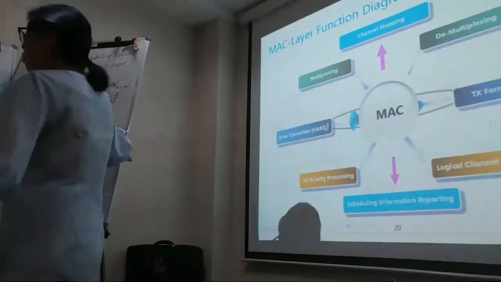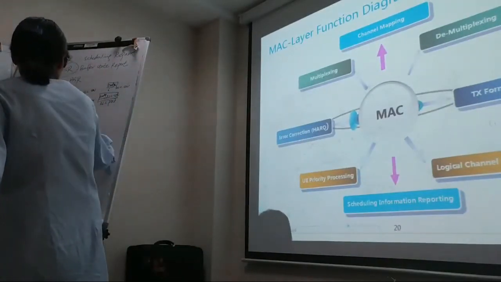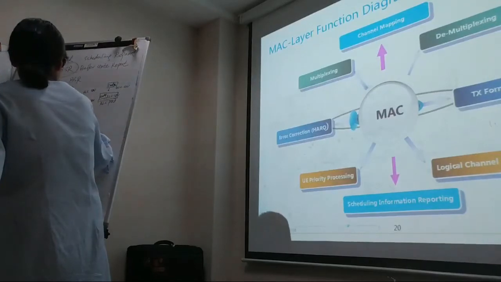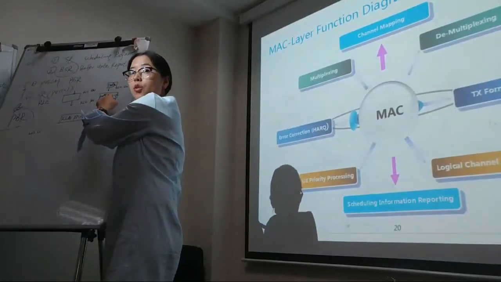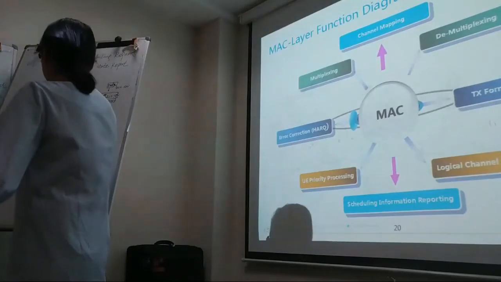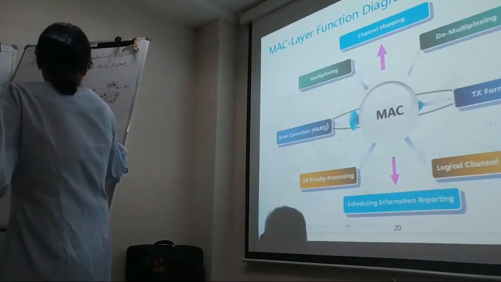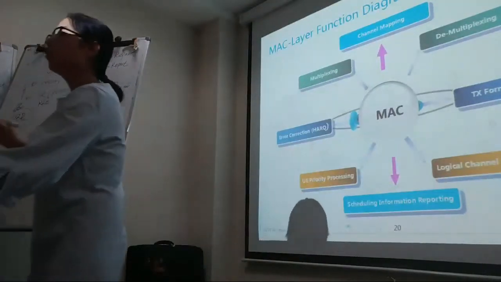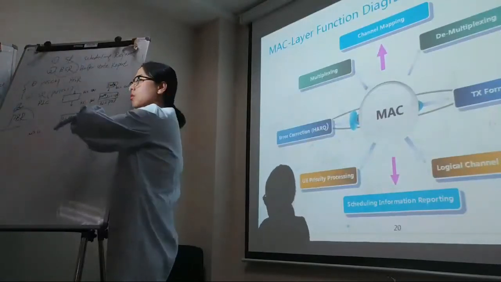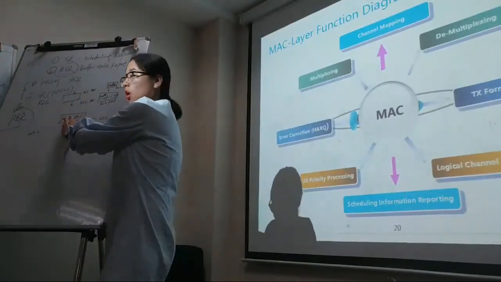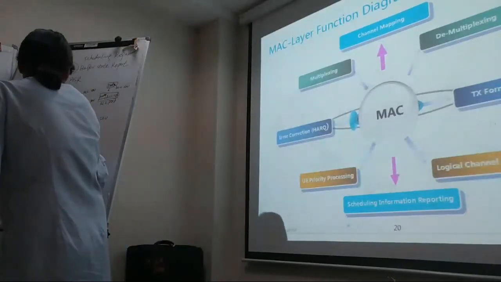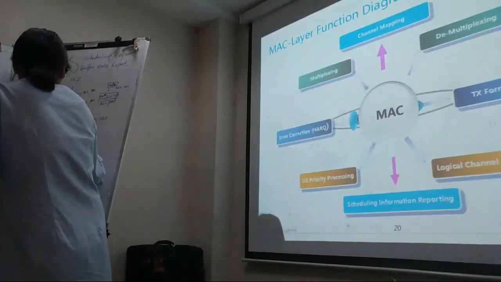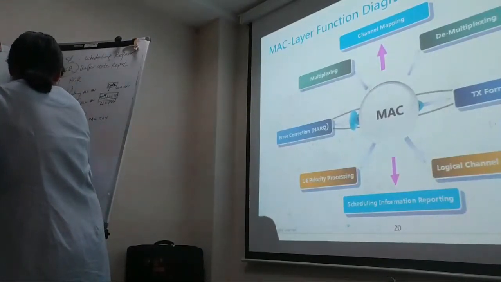So this RLC PDU is the RLC SDU with a header, like this. This is also a MAC SDU. The MAC SDU is equal to the RLC PDU. So the MAC layer will add a MAC header.